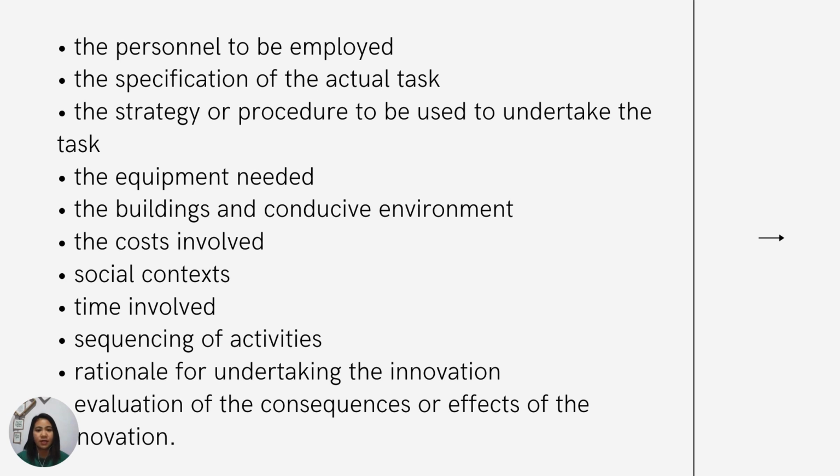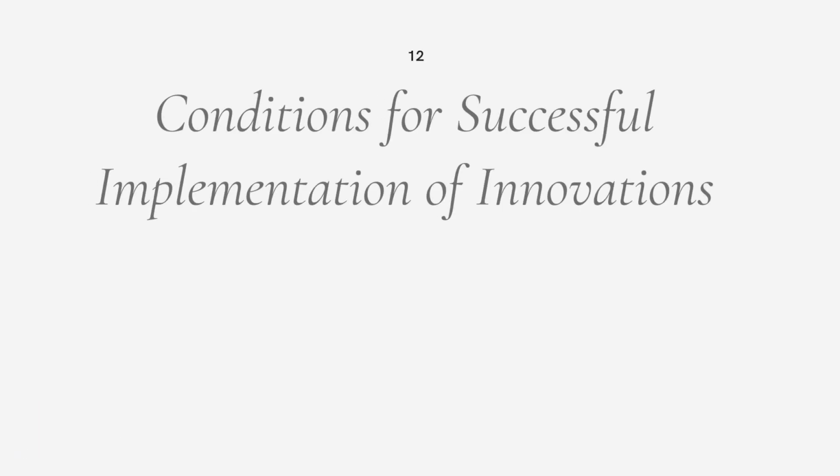It is the personnel to be employed, the specification of the actual task, the strategy or procedure to be used to undertake the task, the equipment needed, the building and conducive environment, the cost involved, social context, time involved, sequencing of activities, rationale for undertaking the innovation, and evaluation of the consequences or effect of the innovation.